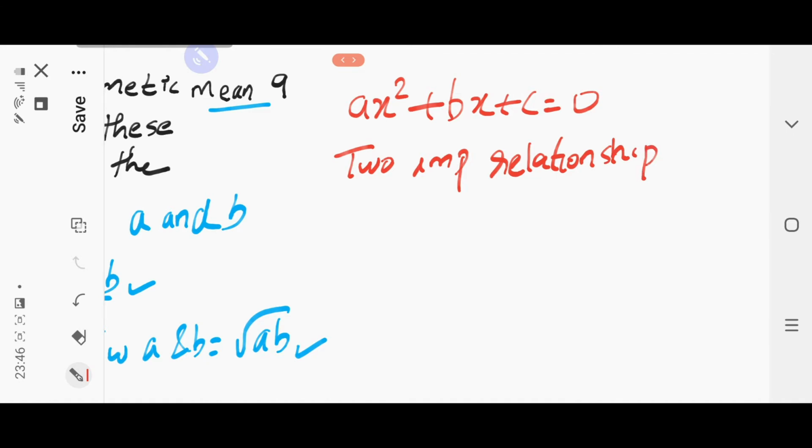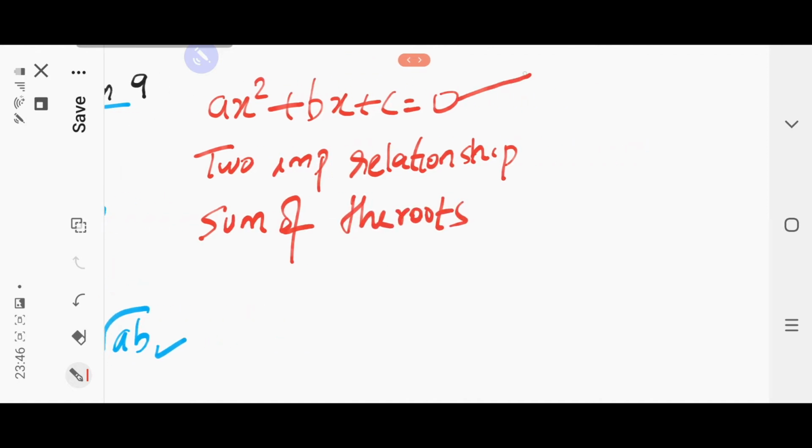Two important relationships. First one, sum of the roots. Since you know that a quadratic equation always has two roots, the first root you denote by alpha and the second root is denoted by beta.